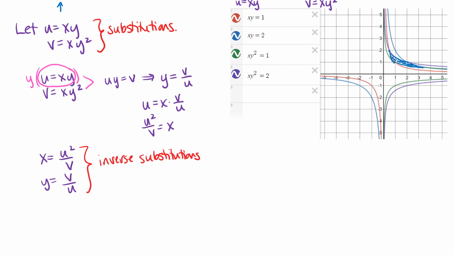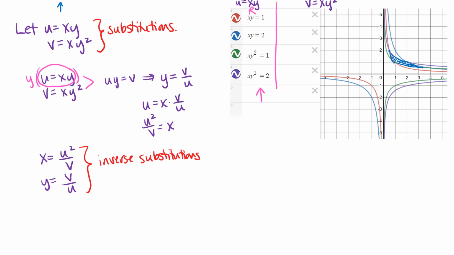Alright, one of the conditions was about our region G in the UV plane, and so when we did that before, we took all of the equations from our region R and transformed them into equations for the region G. I'm going to use the fact that I already have them typed up here.